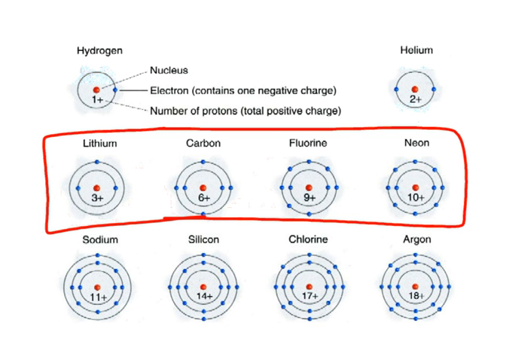what do you notice? The number of core electrons is the same as you go across a period.